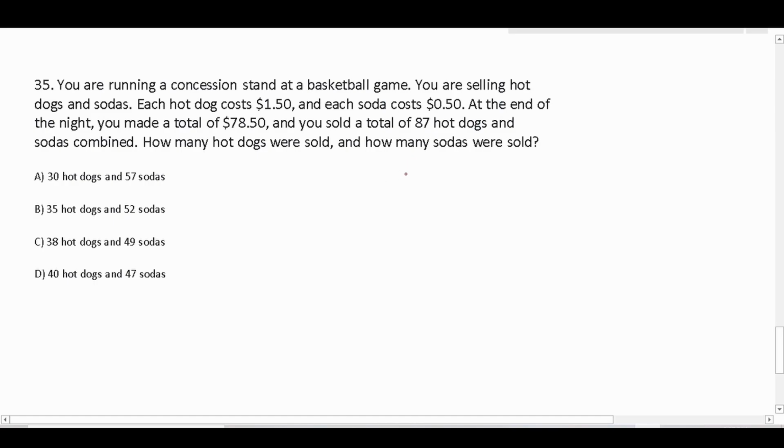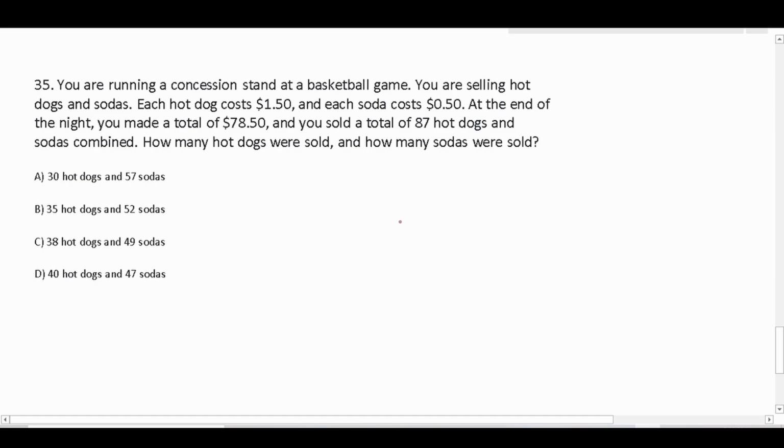Okay, so whenever you're asked to solve for two different variables, notably hot dogs and sodas in this case, that should prompt you to realize that you have to use a system of equations to answer the question. It takes a little bit of practice going from a word problem like this to a set of equations that you can then solve.